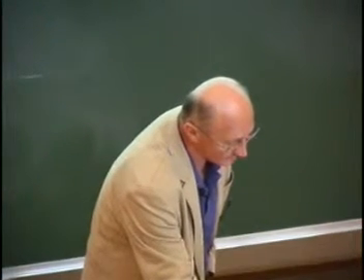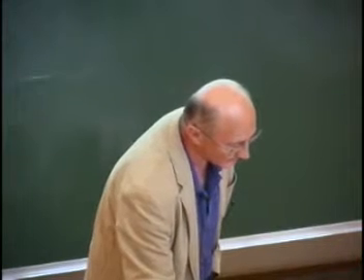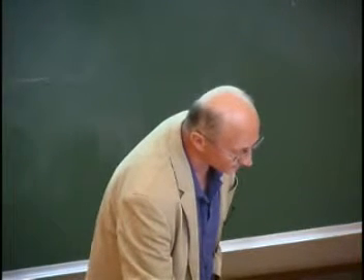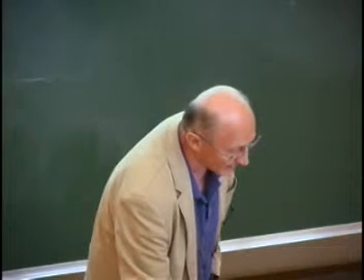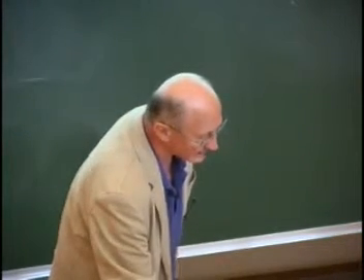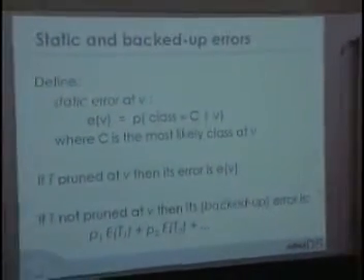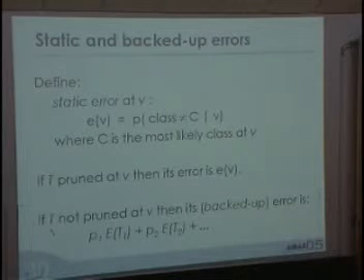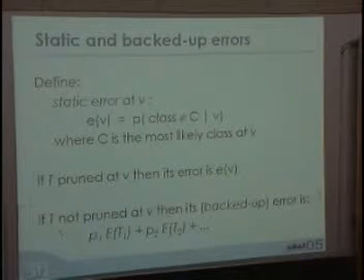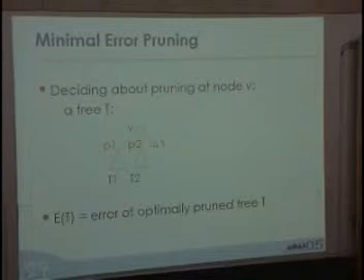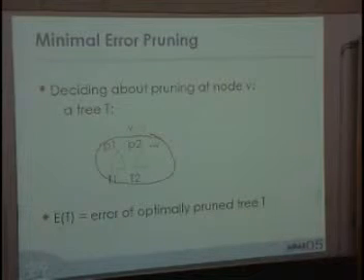Now, just a few subtleties here. The error at node V is the probability of the class of an example not being equal to C, where C is the majority class at node V. The overall error of all these subtrees that we said is E of t is the weighted sum of the errors of the pruned subtrees.